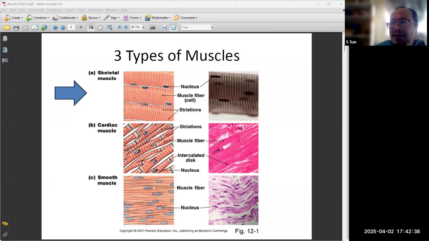The third unique feature of the skeletal muscle is that it has multiple nuclei. Typically, one cell has only a single nucleus. That single nucleus contains the chromosomes, the DNA, the genetic coding for the cell to function.